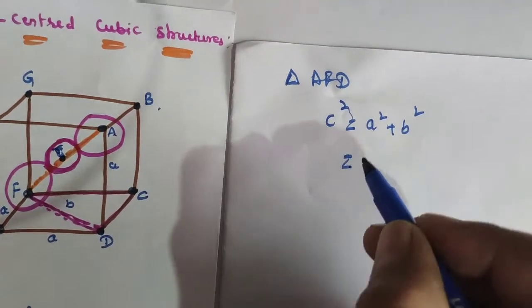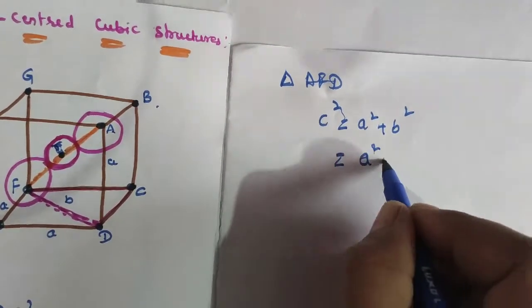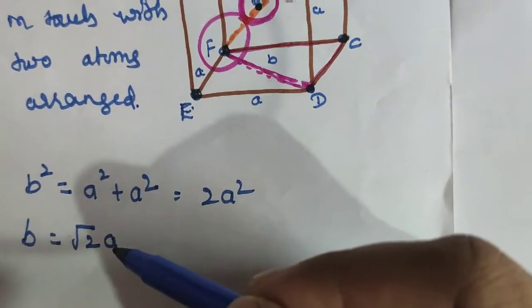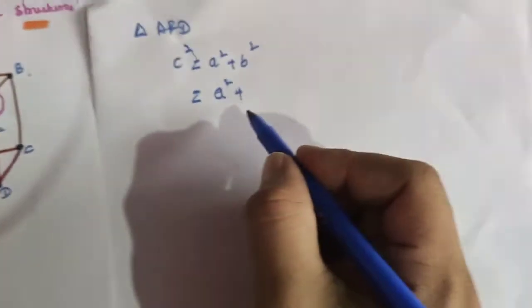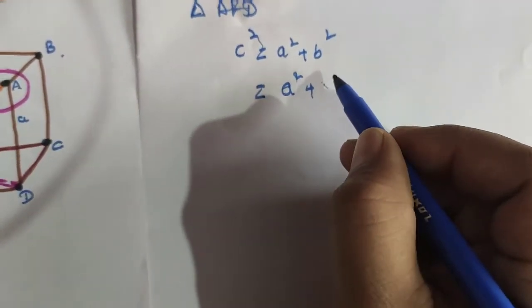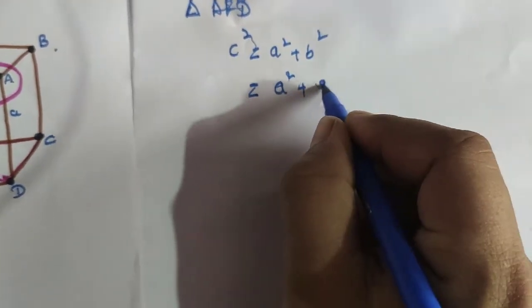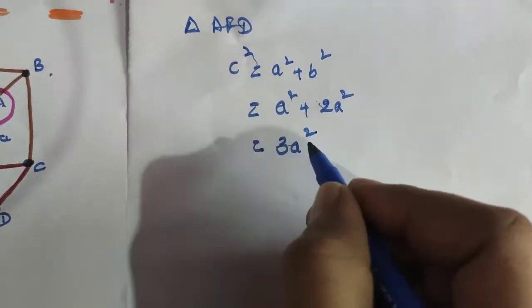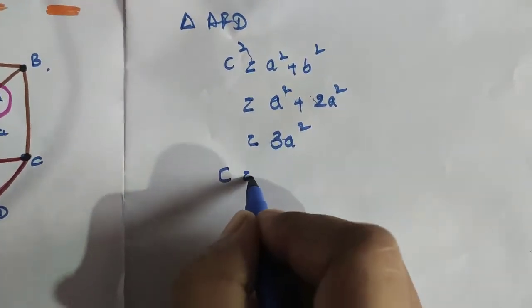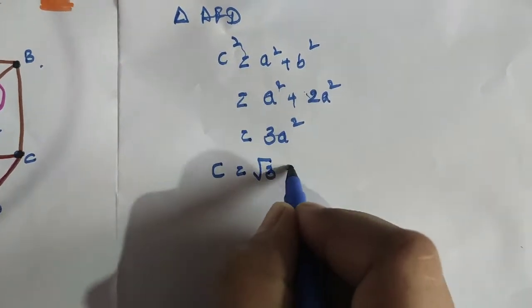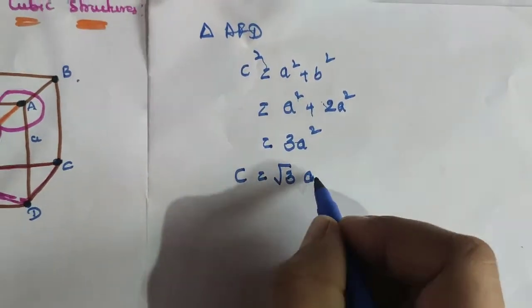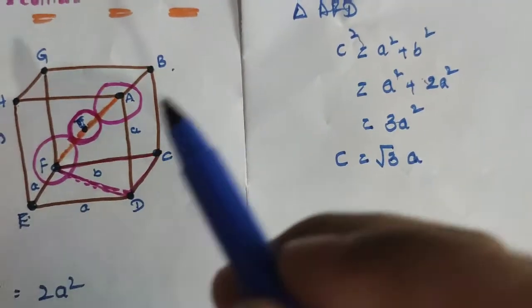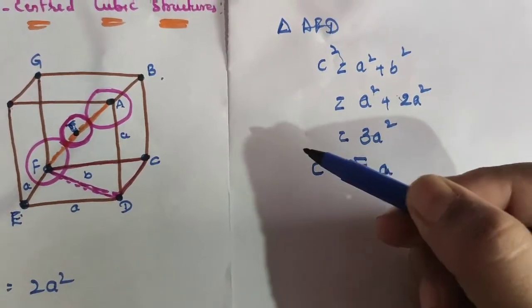We already know that B square is 2A square, so in place of B square you can take 2A square, that is equal to 3A square. On simplification, C is equal to root 3 A. So this is what we get from angle AFD.